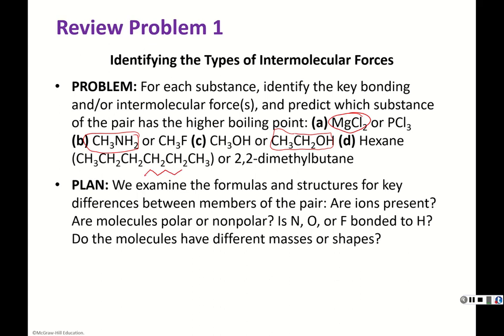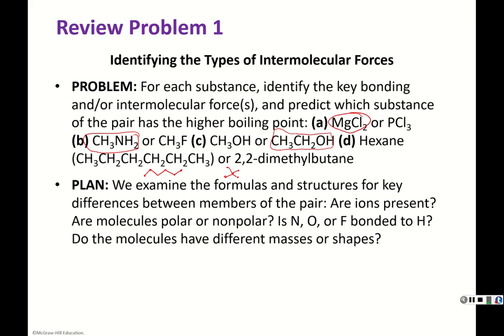At each of these points is a carbon atom. And 2,2-dimethylbutane would be something like that.